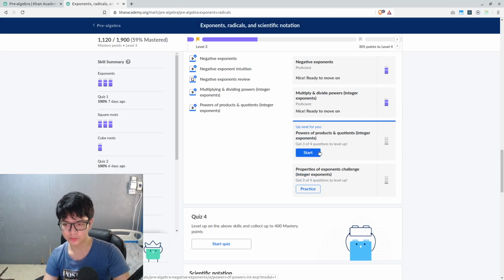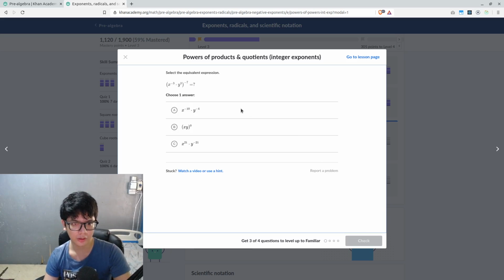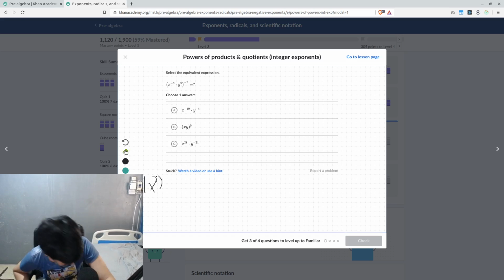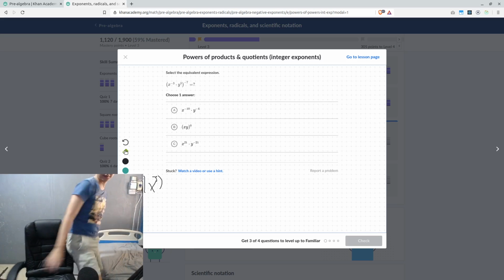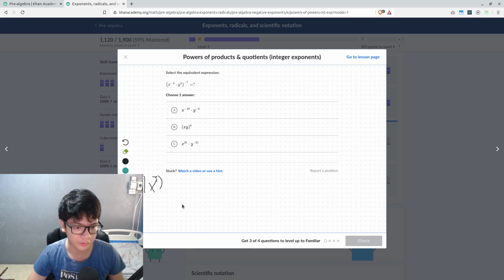Powers of products and quotients, integer exponents. Okay, sure. Select the equivalent expression. Oh wow, this is insane. Let's see. This is x to the negative 3, I don't have enough room to write this.